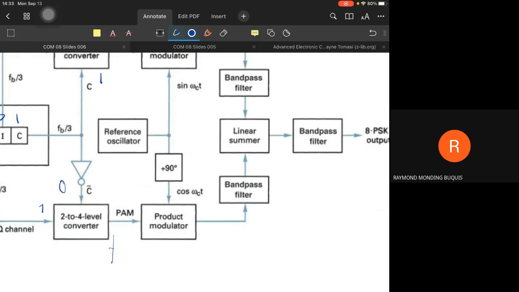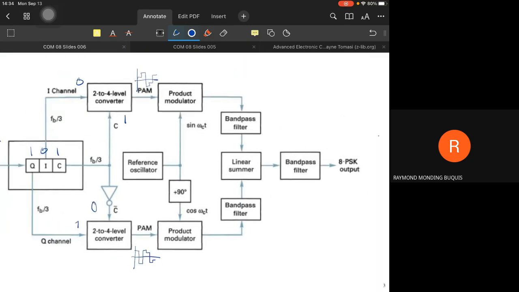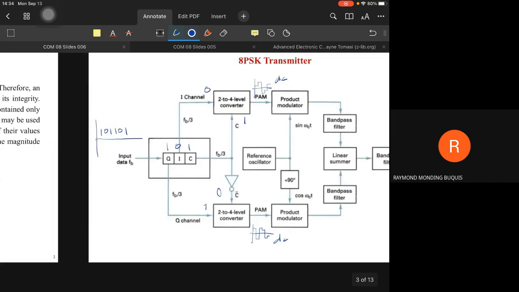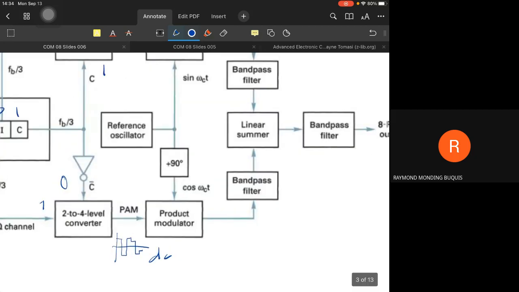PAM is a pulse amplitude modulated signal. These are DC voltage levels, so 1.3 and 0.5, just as a shortcut. So the possible values here are 1.3 and 0.5.